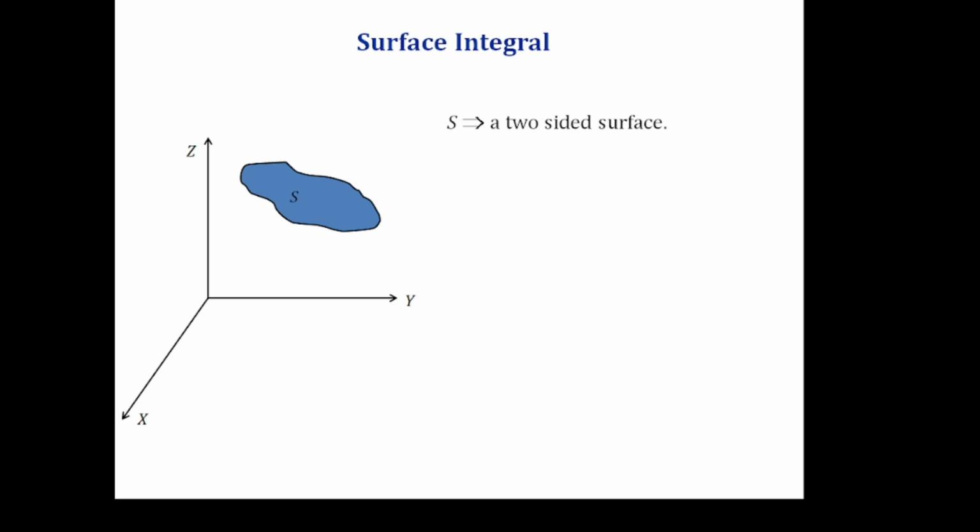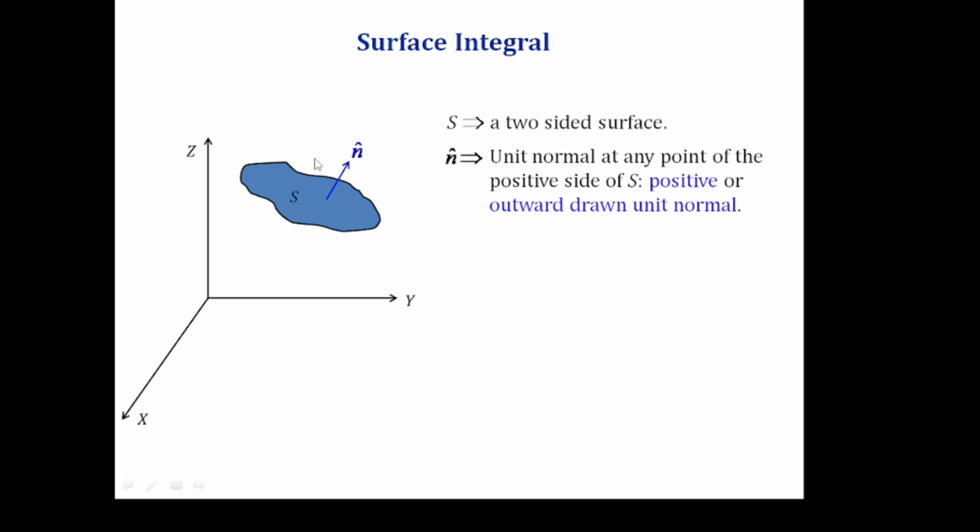Now we will discuss the surface integral. Suppose there is a surface S, a closed curve bounding a two-sided surface, and n cap is the unit normal at any point. The upper surface is the positive side and the lower surface is the negative side. So the ds vector is n cap ds.